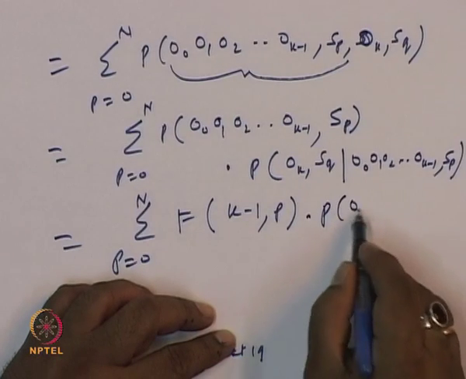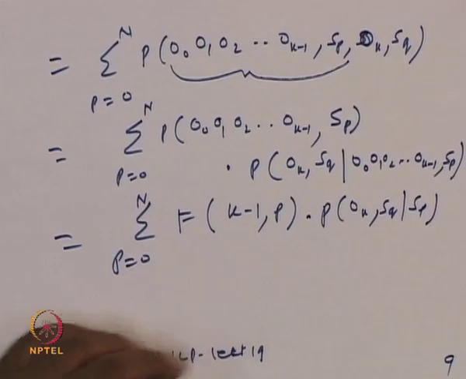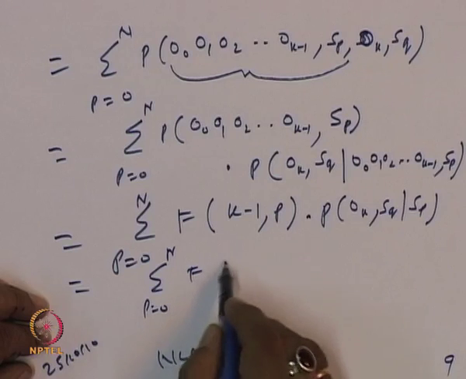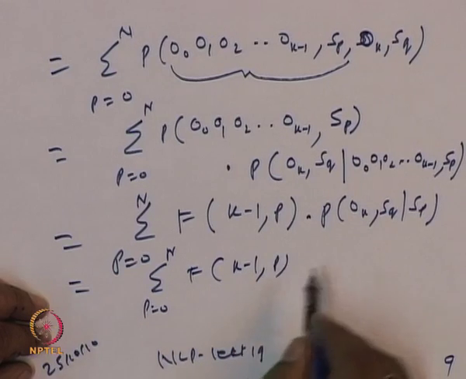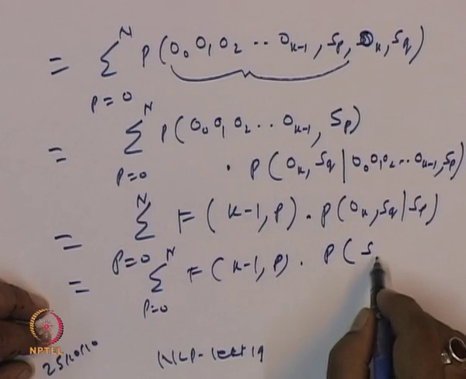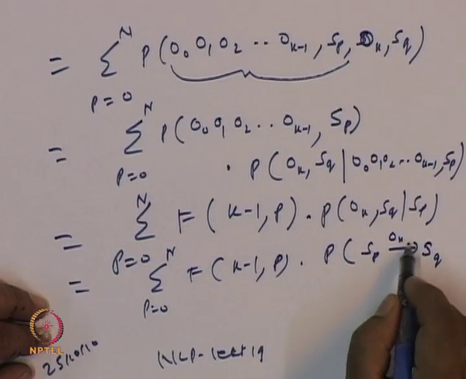So, this is equal to P OK, comma SQ given SP, and the term comes out to be equal to sigma P equal to 0 to n f k minus 1 p into probability of SP to SQ on OK.